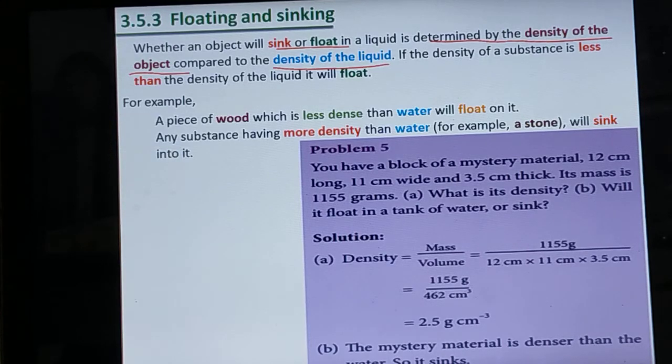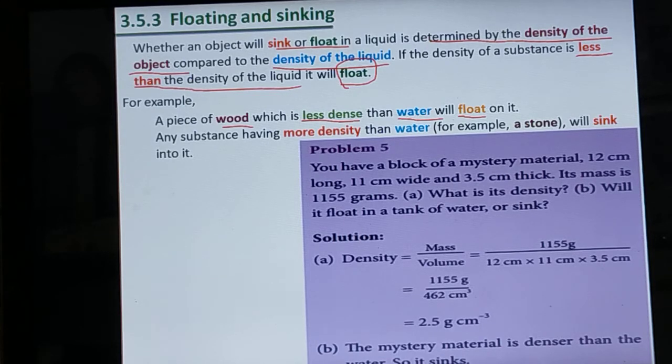When the density of the substance is less than that of the liquid, then it will float. This is the condition. For example, a piece of wood, which is less dense than water, will float.